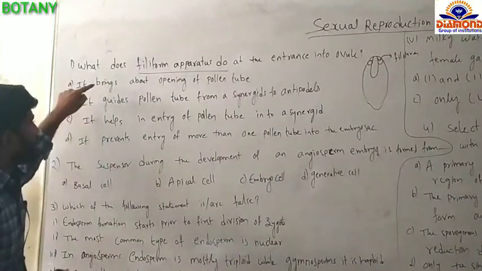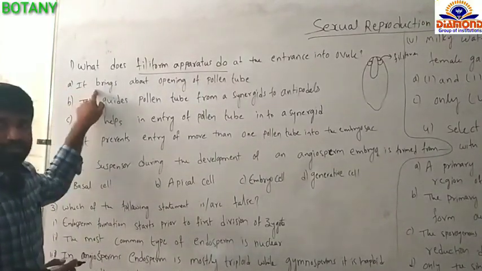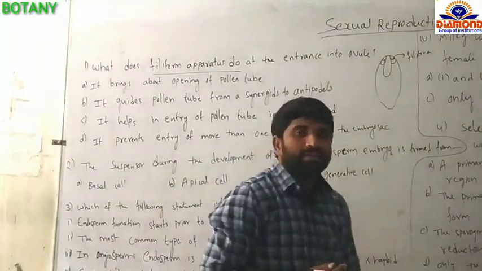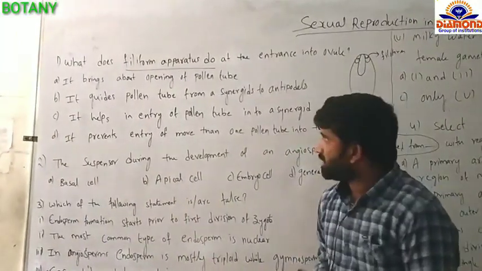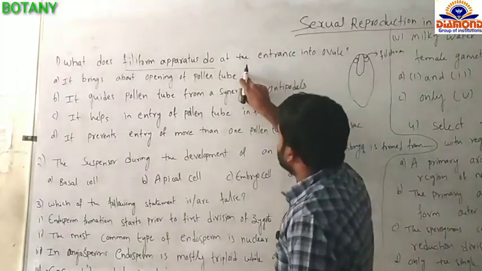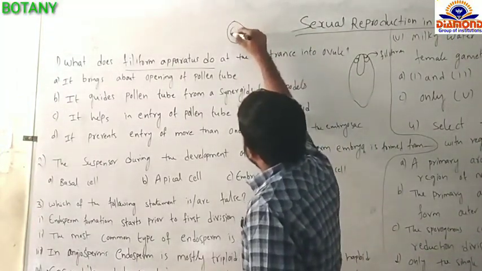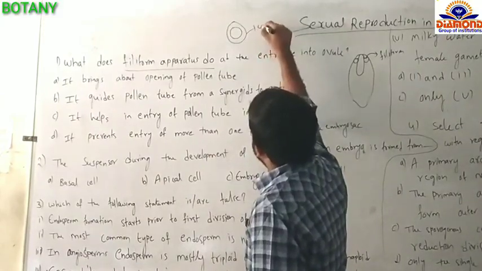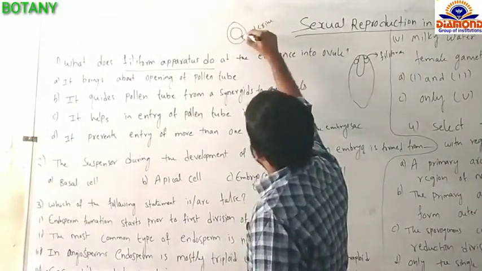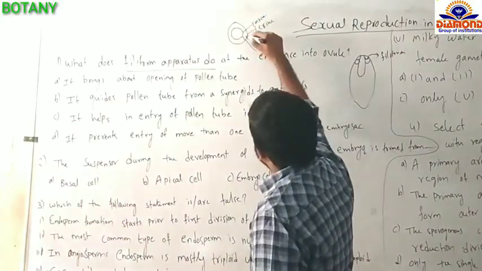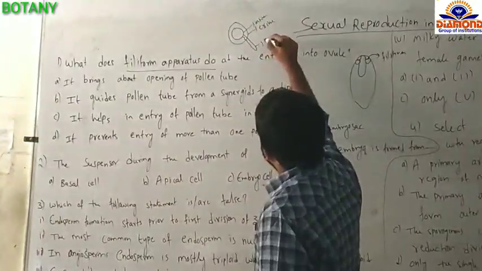Option A says it brings about opening of the pollen tube. The filiform apparatus does not help in the opening of the pollen tube, because the pollen tube develops from the pollen grain. The pollen grain has two layers, the outer exine and the inner intine, and the intine layer is helpful in the formation of the pollen tube.